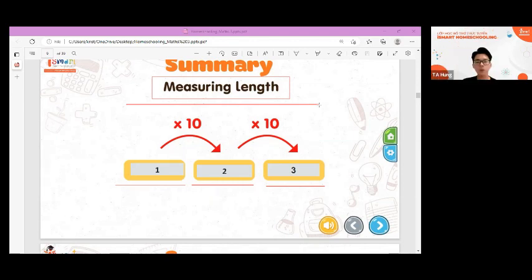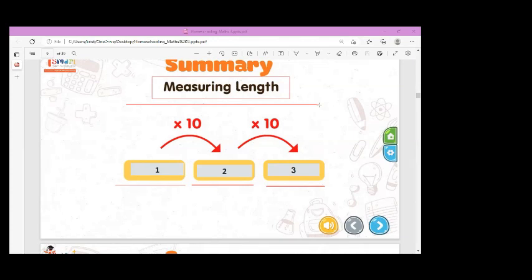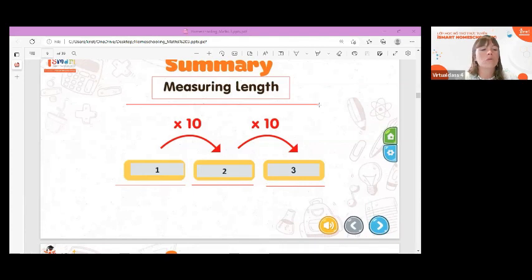Nguyễn Anh Vũ. Measuring length. There we go. Awesome. So if we look at the phone, what is the length of the phone? We are measuring, all right? This means how long or how much. All right, great. So let's look at the next one.